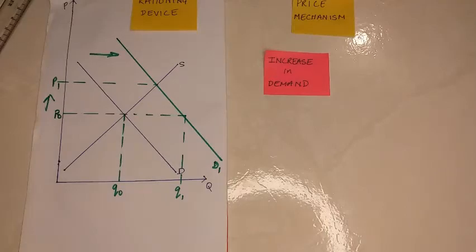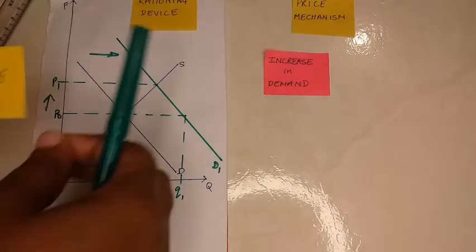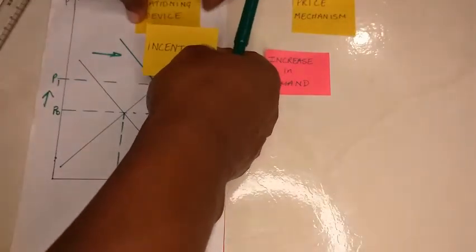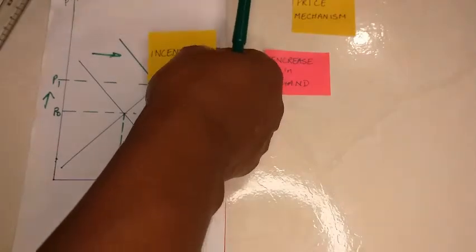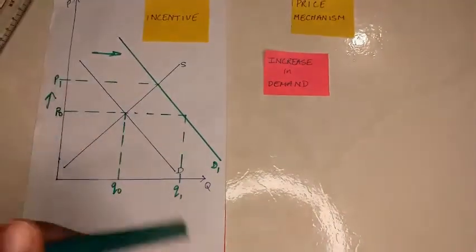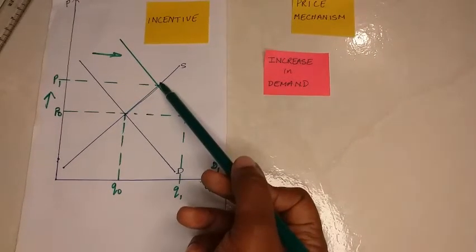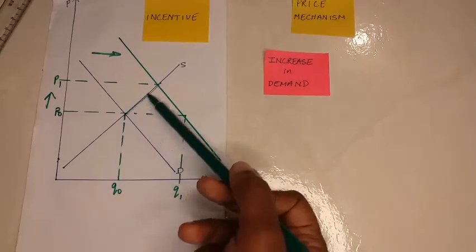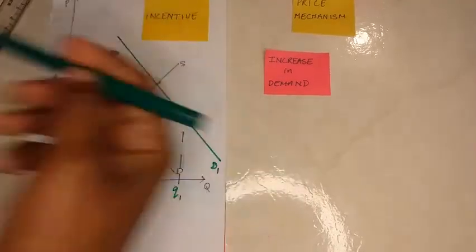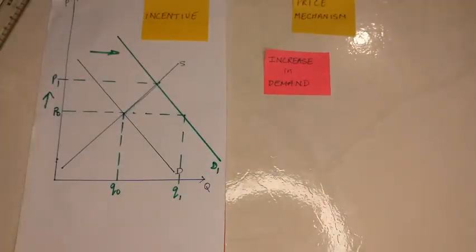It will now be an incentive for firms to produce more because of the higher price. So notice at this price, the supply curve expanded. So we have an increase in quantity supplied, that's the incentive, because we all know the law of supply. As price increases, quantity supplied would increase.